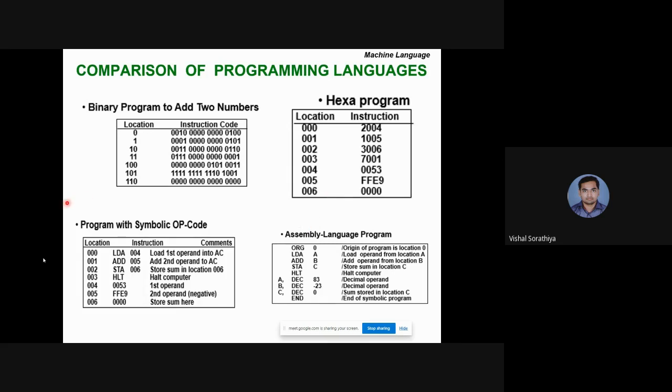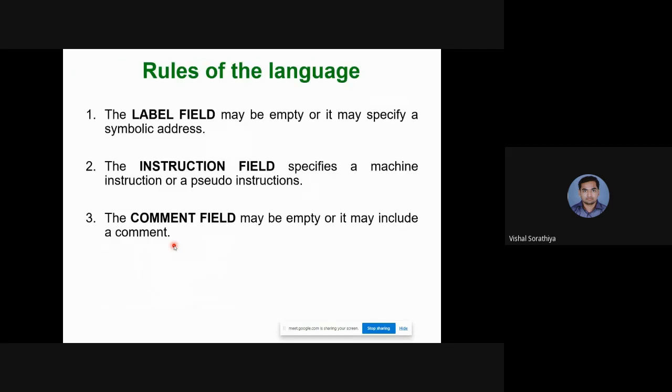So three things we have: location, instruction, and comment. The location is the memory location, the instruction is what is associated with that memory location, and the comment says what task is actually performed by this instruction. These are the basic rules of the language you need to apply when you are using assembly, or normally when you are using C code, any code.